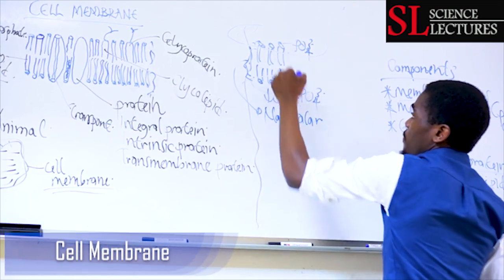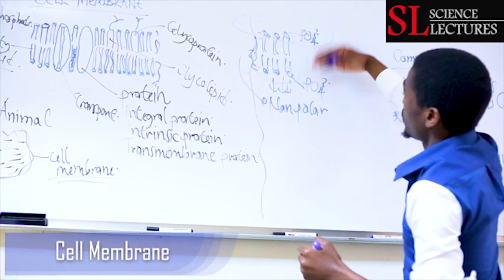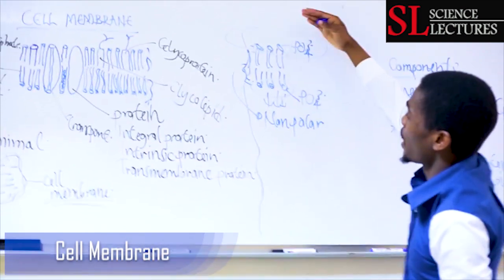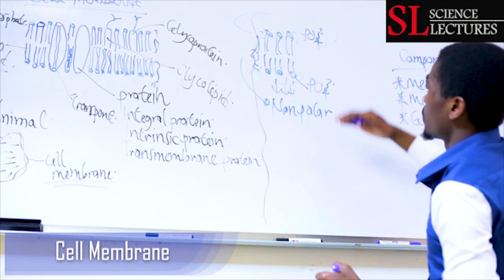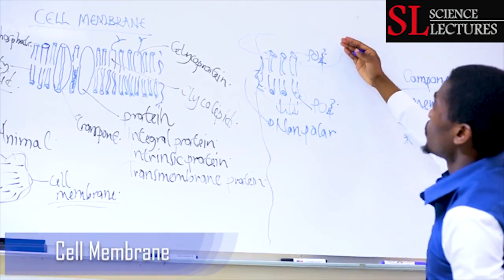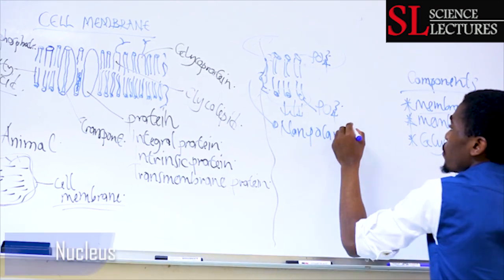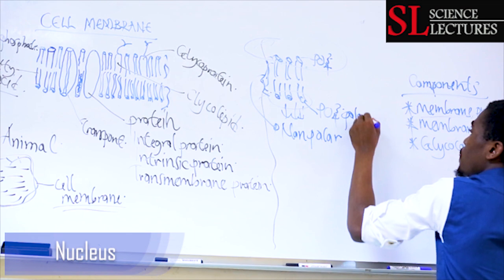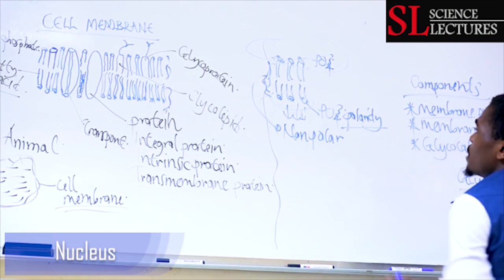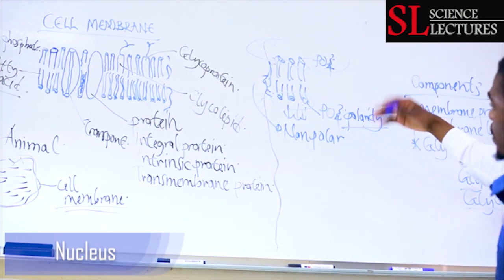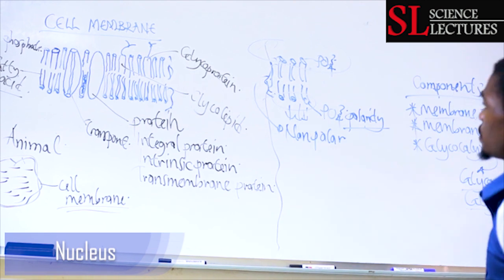So these are our fatty acids, but the phosphate heads point to the outside of the cell and the inside of the cell, in the aqueous fluid. Why? Because they are negatively charged, and that gives them some degree of polarity. That is how simply the phospholipid bilayer is arranged.